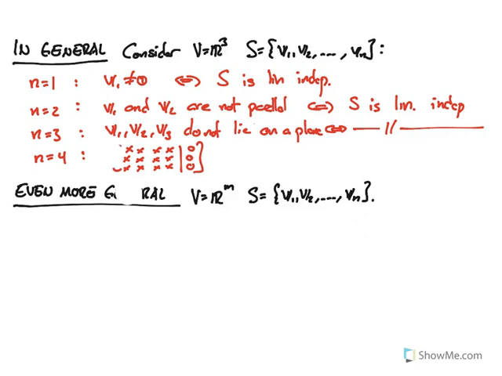So it will always be linearly dependent. It's impossible in R3 to form a set that has four different vectors that is linearly independent.